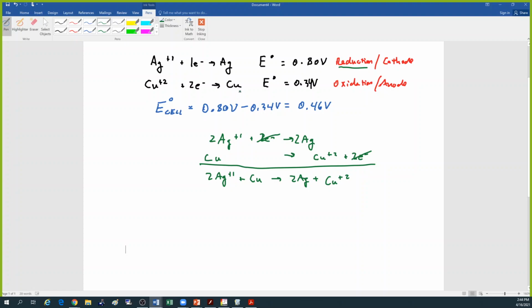Now, when we do non-spontaneous electrochemical cells, which are called electrolytic cells, can we drive the reaction backwards? Yes. But notice the kind of symmetry here. If the reaction happens naturally, it generates electricity. But if we want to drive it backwards, we have to pump electricity in to reverse the reaction.